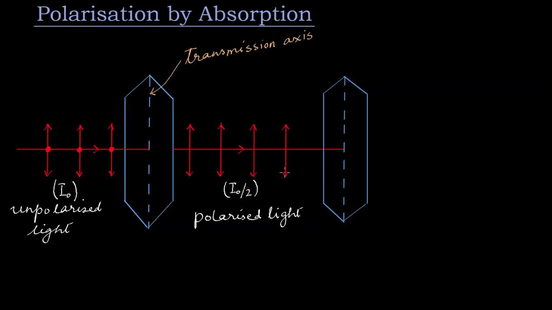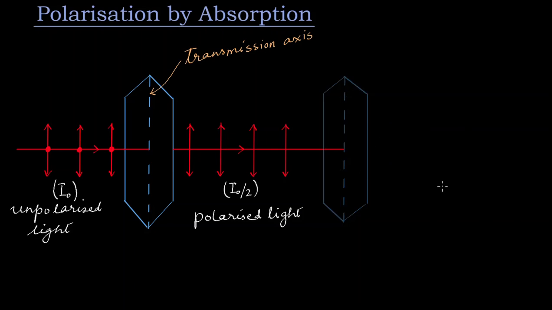Obviously, I told you that only those vibrations which are parallel to the transmission axis can pass through. So you will see that this light is able to pass through and it reaches the eye of the observer. What is the intensity of this light? It will be the same as this, because 100% of the light is able to pass through and reach the eye of the observer.